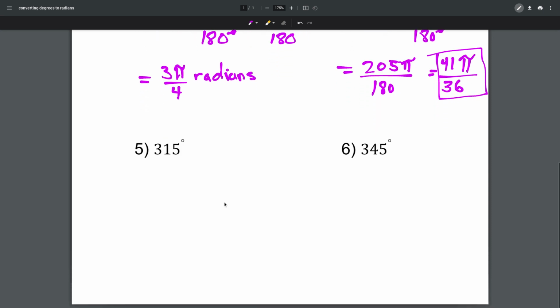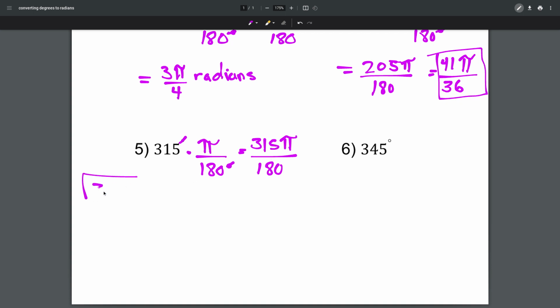Okay, let's go down here. We're going to multiply this one by pi over 180 degrees. Degrees will cancel. We'll get 315 pi over 180. Both the top and the bottom end with a 5 or a 0. They're both divisible by 5, so 315 divided by 5. 5 goes into 31 6 times, so 31 minus 30 is 1, bring down the 5.